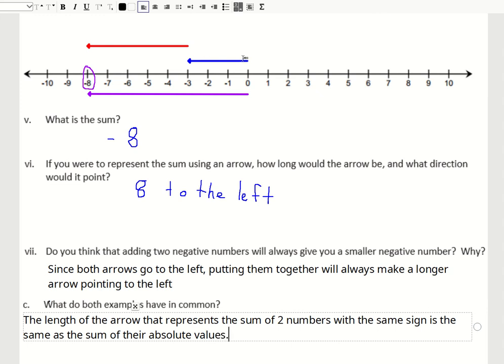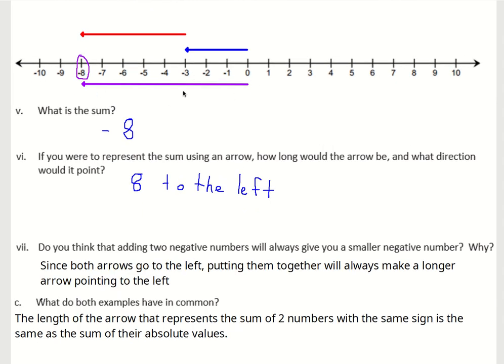So when I add together the absolute value of my first number and the absolute value of my second number, I get the length of my third arrow. 3 plus 5 gives me 8, and my sum's arrow should be 8 long.